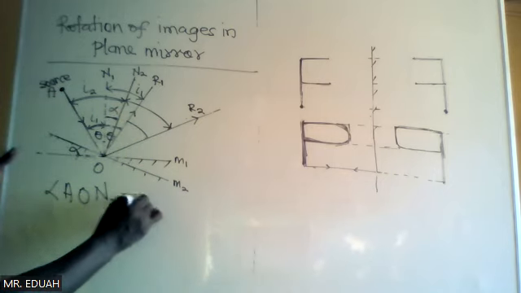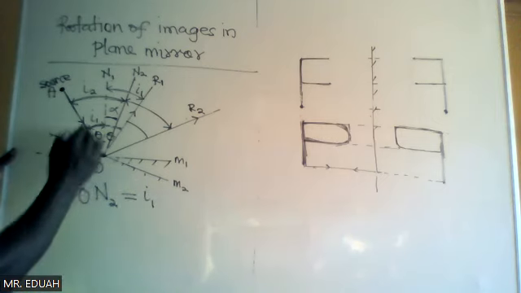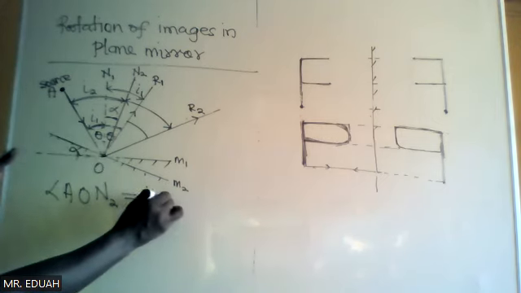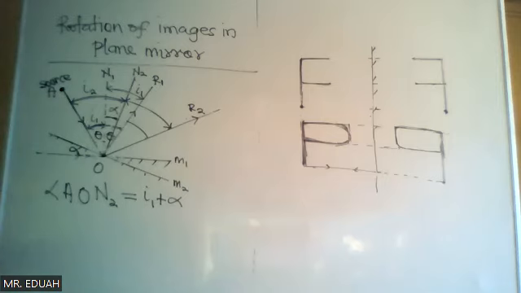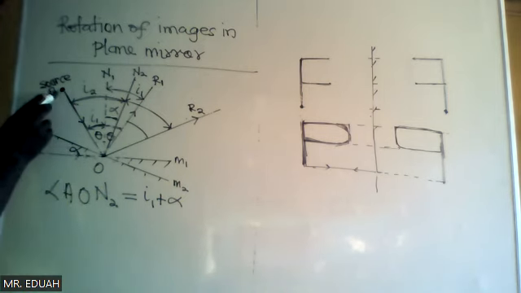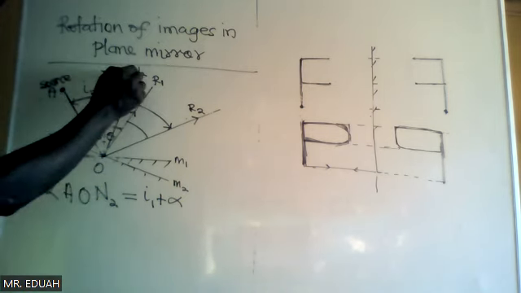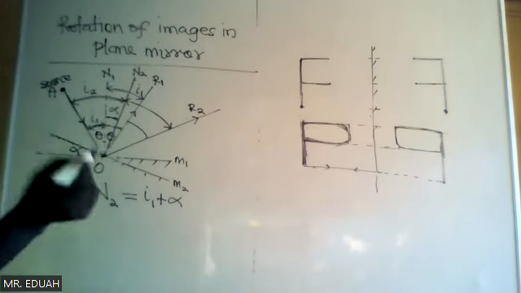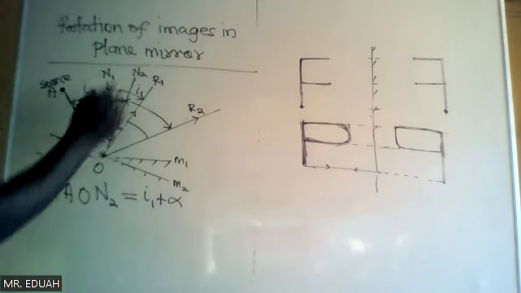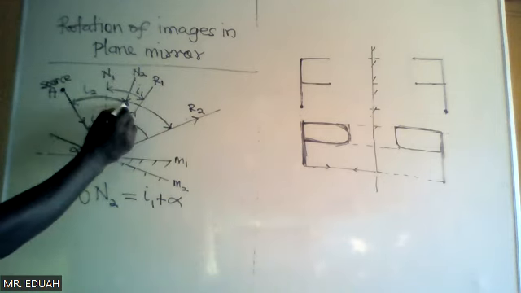So this is equal to I1, the old angle of incidence, plus the angle of rotation up to N2. Are we okay? Now, I'm talking about angle AON2. Okay? It is this whole angle.